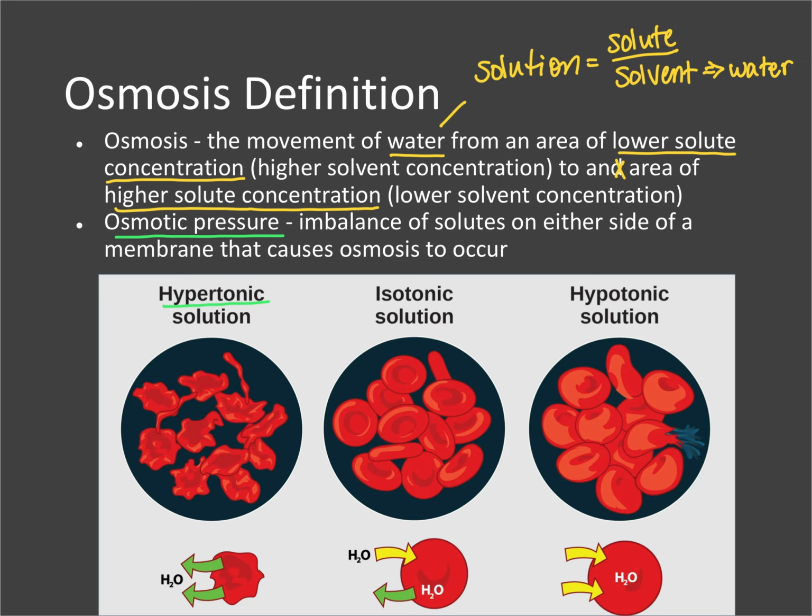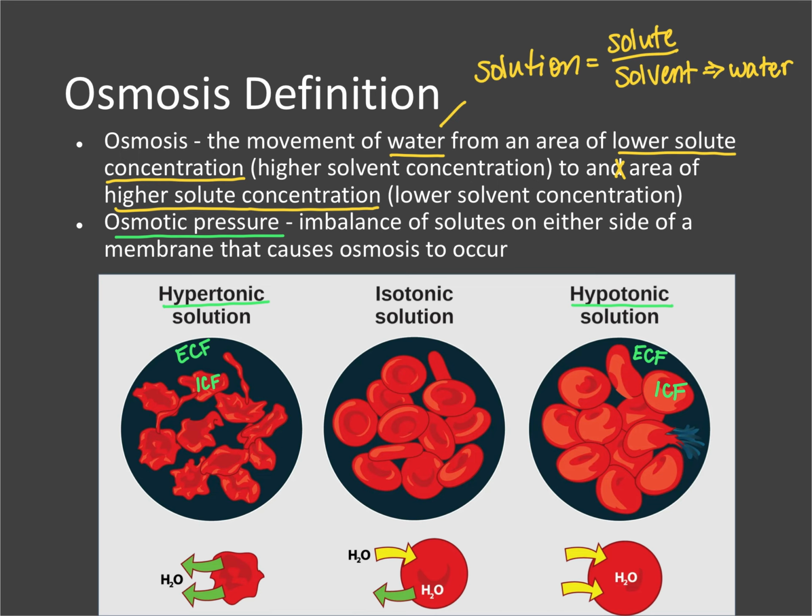That's because the concentration of the fluid outside the cell, which we will just call the extracellular fluid, is going to be more concentrated than the solution inside the cells, which is the intracellular fluid, also known as the cytosol or cytoplasm. A hypotonic solution also has osmotic pressure, but in the opposite direction, because in this case, the extracellular fluid is less concentrated than the intracellular fluid.